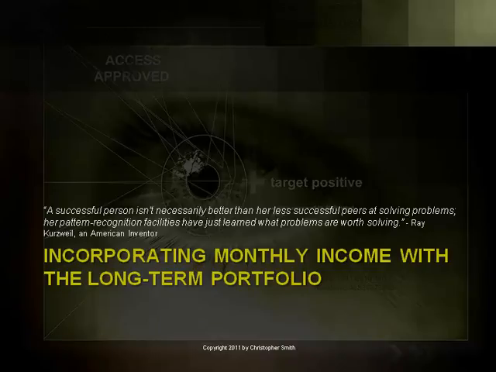Okay, and then from here, what we will talk about, and we'll talk about this more in this coming year, but we've kind of reached the end for tonight, is incorporating monthly income to the long-term portfolio. Because what we've talked about so far in this session and in the prior session is the concept of adding short premium to a portfolio in order to decrease volatility. And there are ways you can do this without necessarily doing a covered call approach. A covered call is not the only way to sell premium.